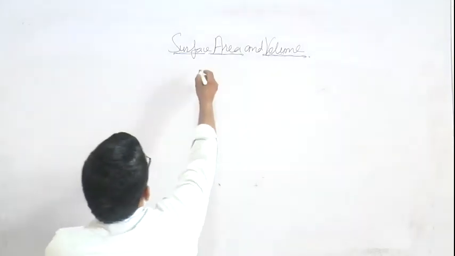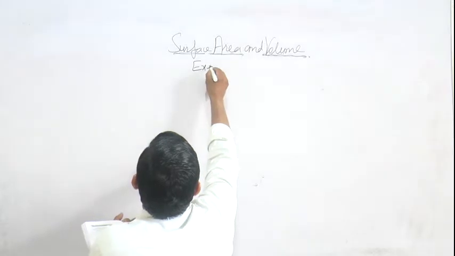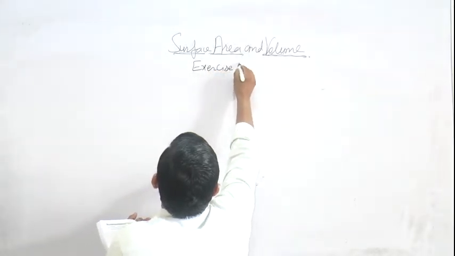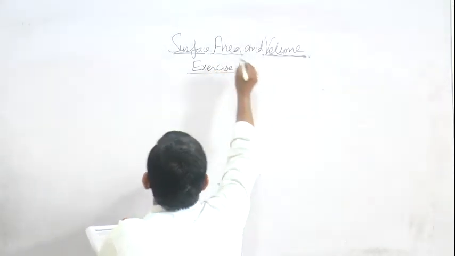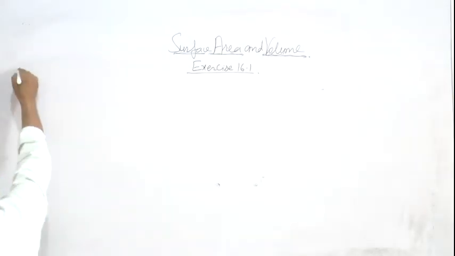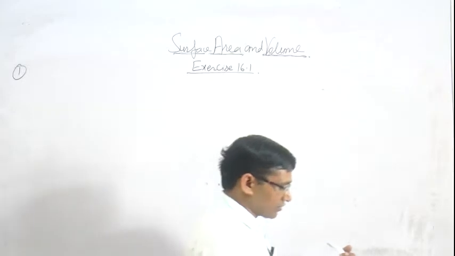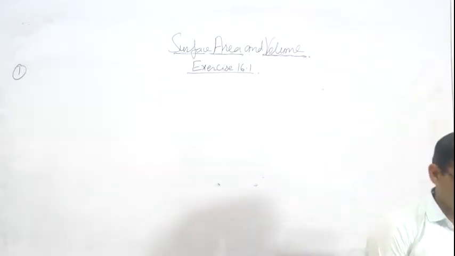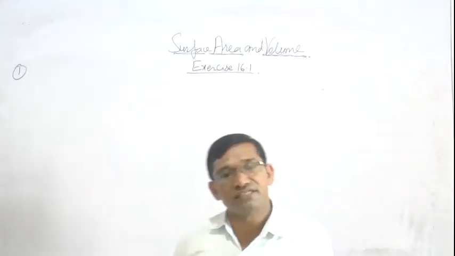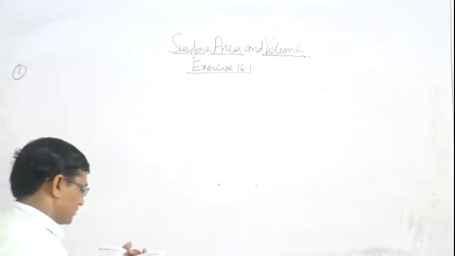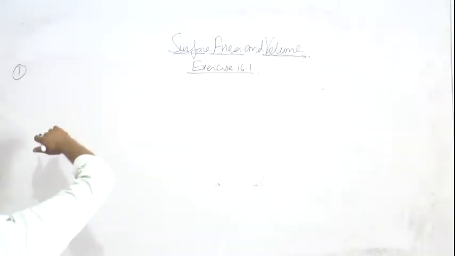Now we start exercise 16.1. Okay. First question is that the dimensions of a cuboid are 12 cm, 9 cm, 5 cm. Dimensions means sides. It means length, breadth and height.